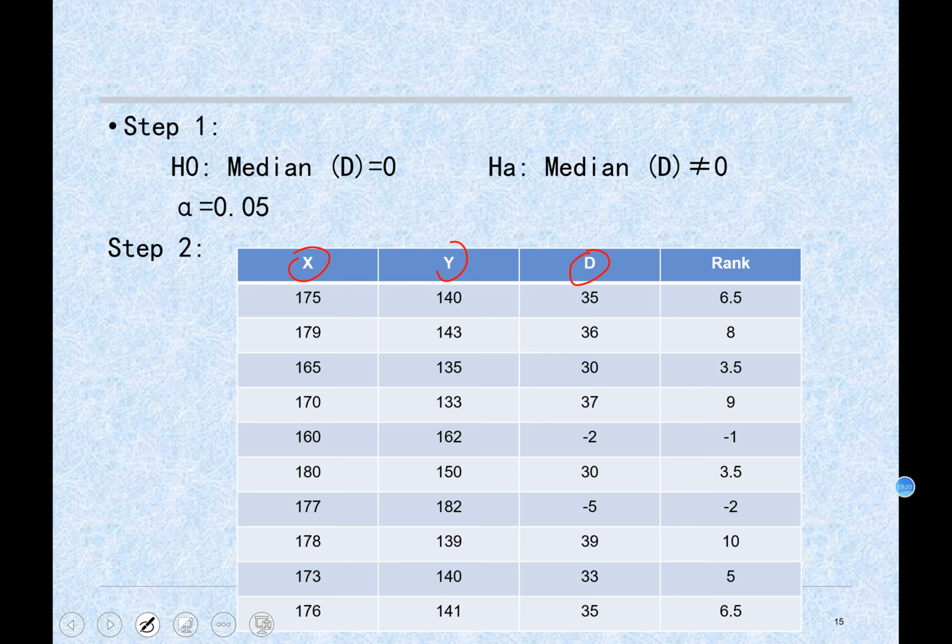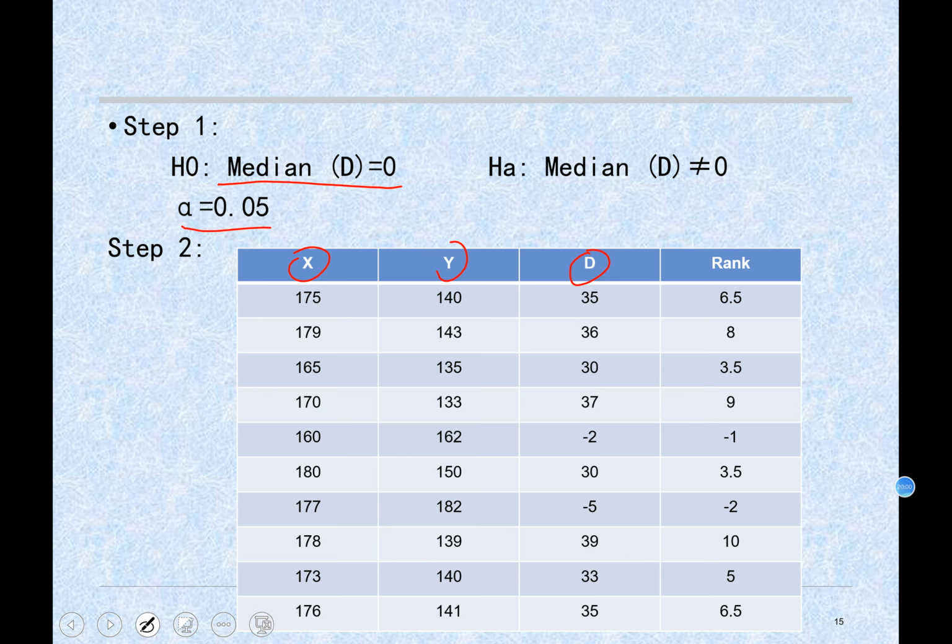But we already know that the data does not follow a normal distribution, so we cannot use the mean anymore. We can only use the median to represent the location of the distribution. So here we try to test if the median of the difference equals 0. So H0 is the median of the difference equals 0, and HA is the median of the difference is not equal to 0.